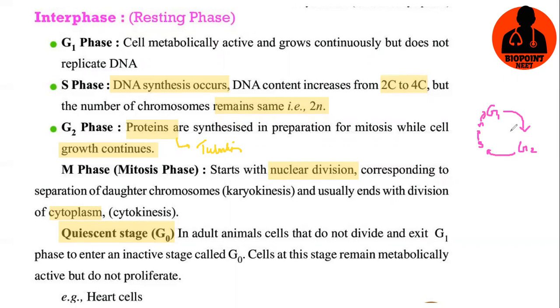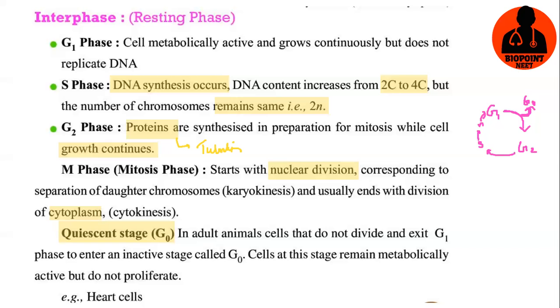While the cell is moving from G1 phase to G2 phase, in between on the pathway there is another stage known as G0 phase. What is the function of this G0 phase? It checks whether the cell is suitable for undergoing the entire process of cell division, and whether it can survive after that.